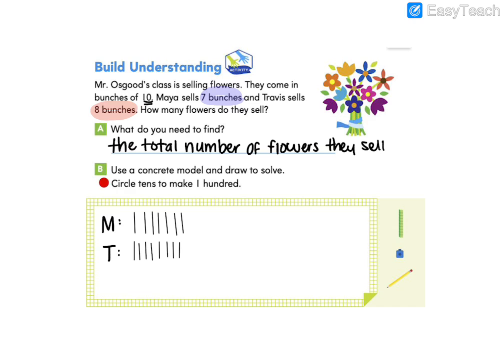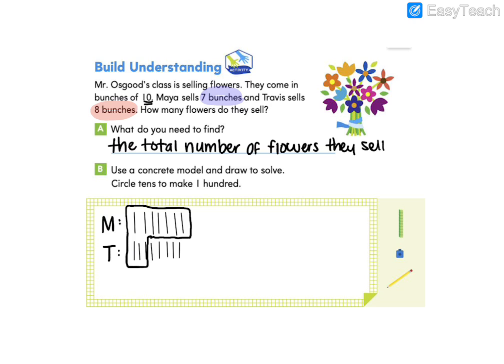Now it asks us to circle the tens to make 100. Well, we know that we need 10 tens to equal 100. Maya has 7 tens. How many more to get to 10 from 7? 3. So we'll circle 3 of Travis's and 7 of Maya's.